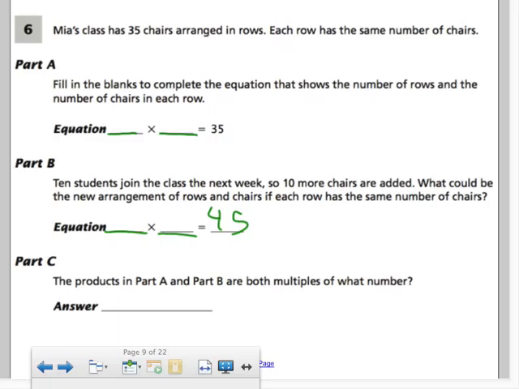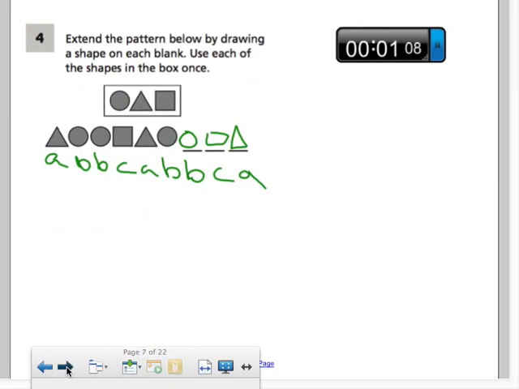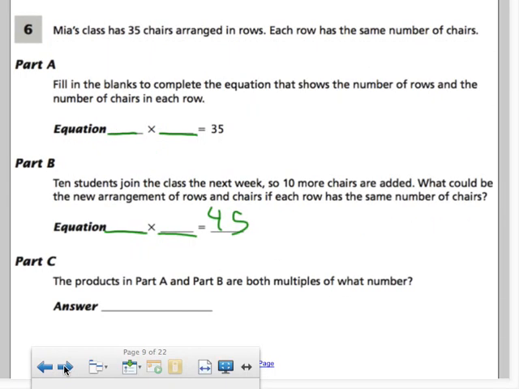Listen, last time we checked the timer, it was getting kind of low. I want to leave you with one final piece of advice, okay? The products, that's the answer to a multiplication problem. You should remember that from WordWall. The products in part A and part B are both multiples of what number? That's why Mr. Graham was talking about multiples earlier this week.